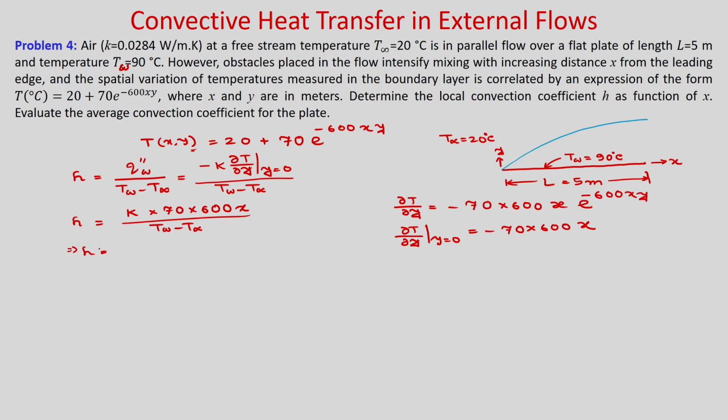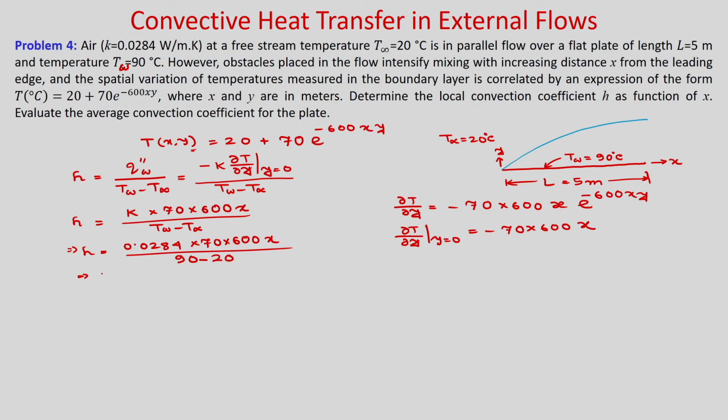So, H will be thermal conductivity K given as 0.0284 into 70 into 600 x divided by T w, which is 90, minus T infinity 20. Okay.